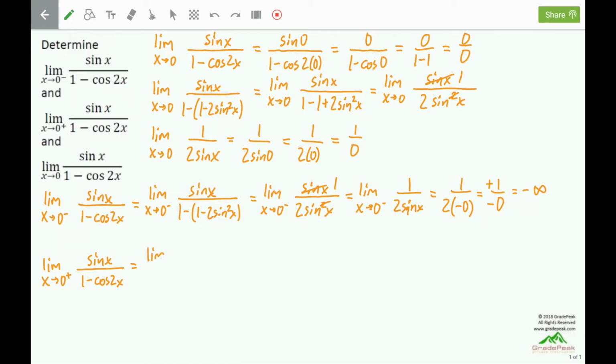The right-sided limit will work out in a very similar fashion, making use of the identity. The ones cancel in the denominator.